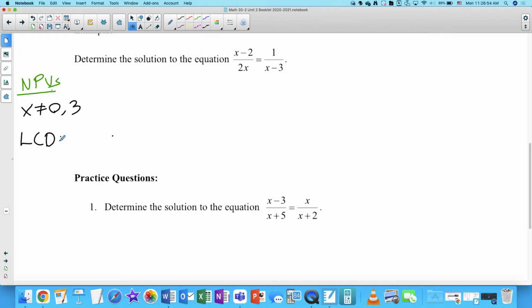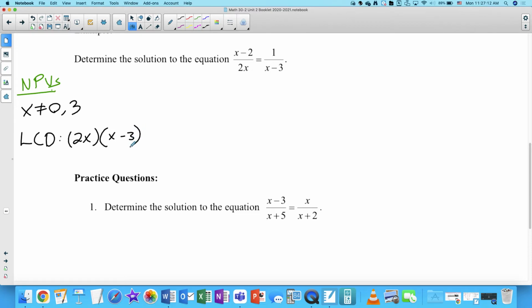Yeah. The denominators are factored and they're not identical. If they are factored and not identical, the LCD is the one times the other. You can't take part of one and combine it with part of the other, okay?